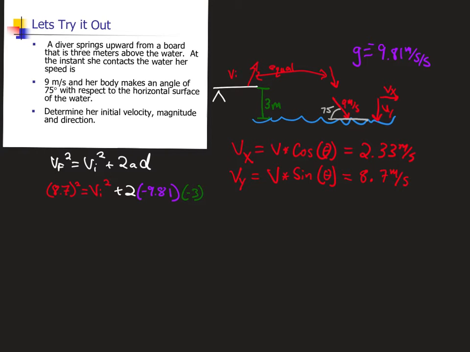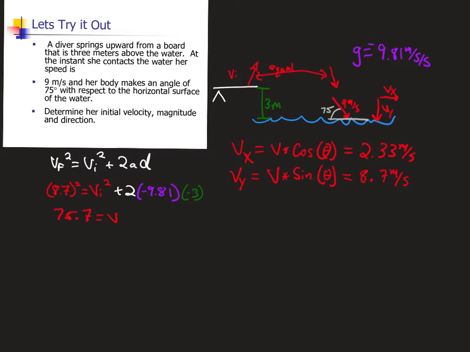So we can do some of our calculations here. 8.7 squared would give us 75.7.